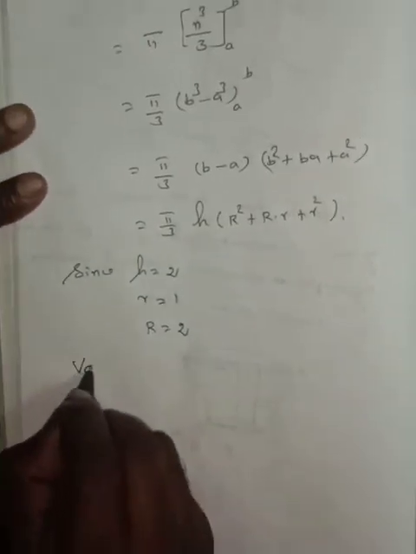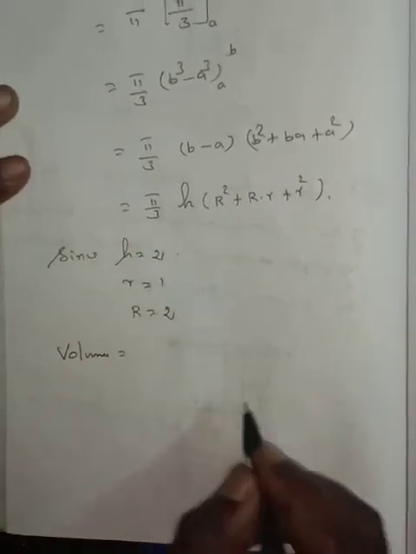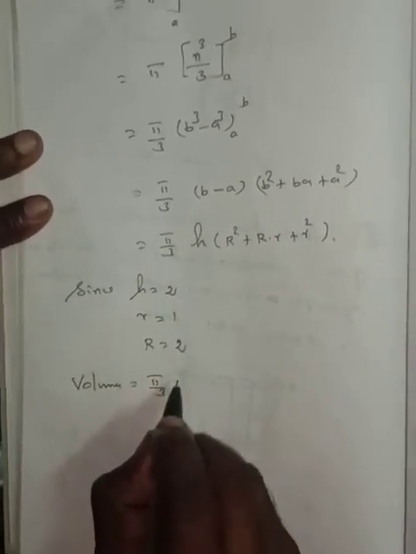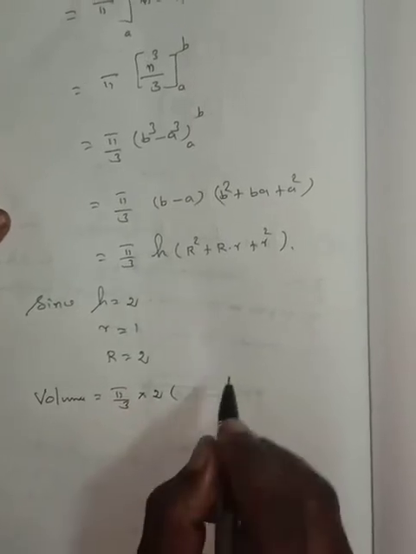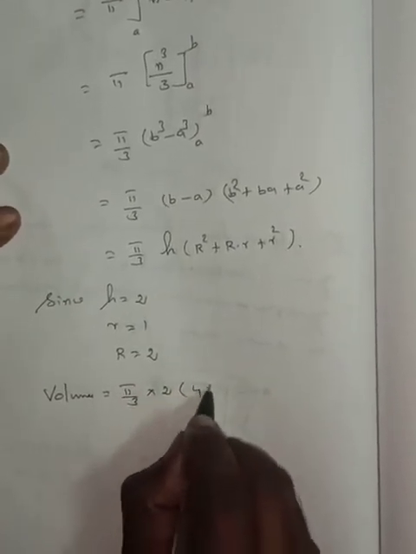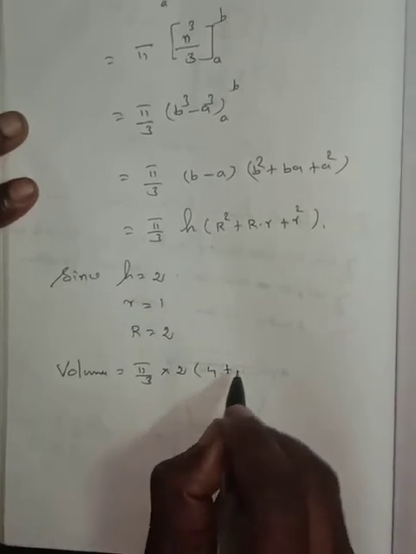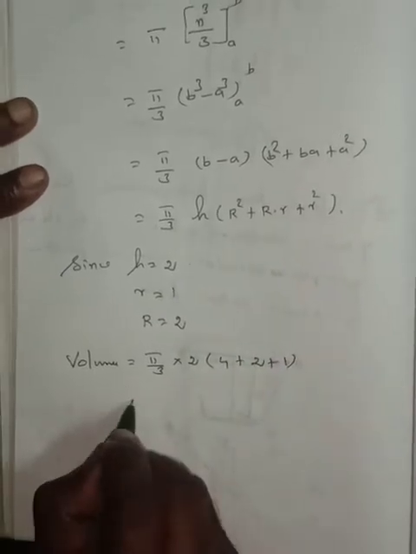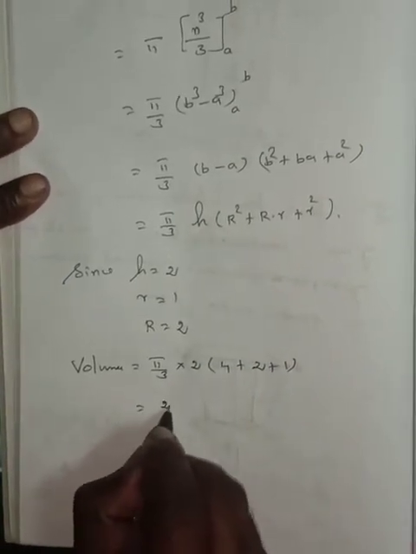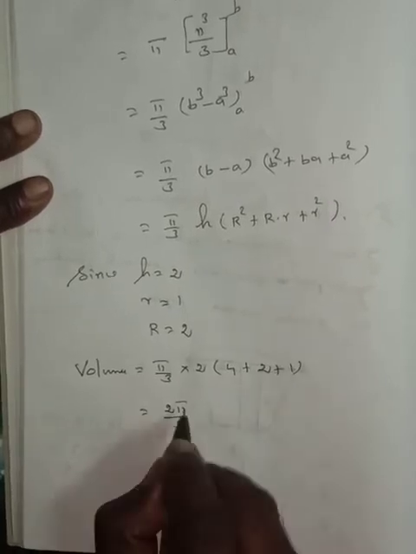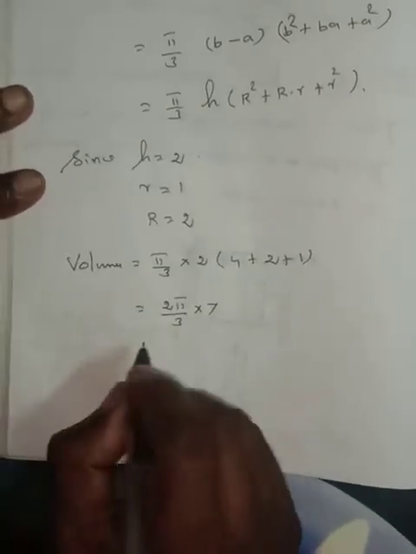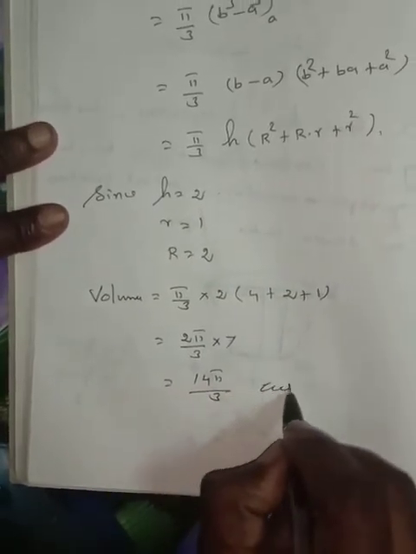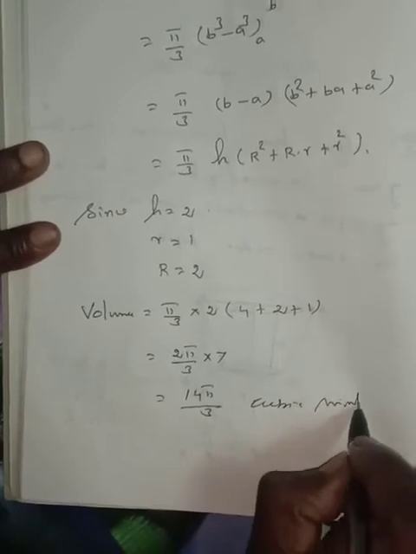Volume is equal to pi by 3 into bracket 2 square is 4. Next BA, 1 into 2 or 2 into 1 is 2, plus 1, is equal to 2 pi by 3 into 7, is equal to 14 pi divided by 3 cubic units.